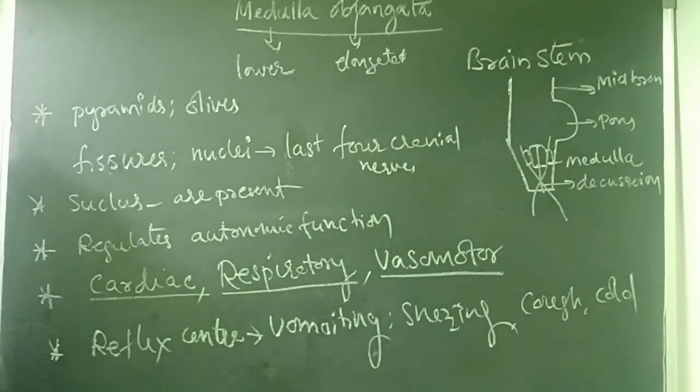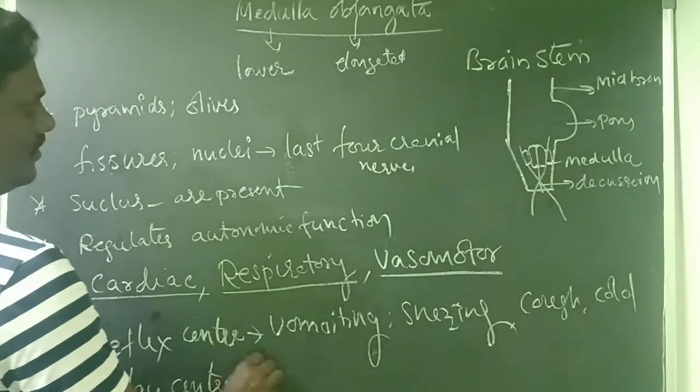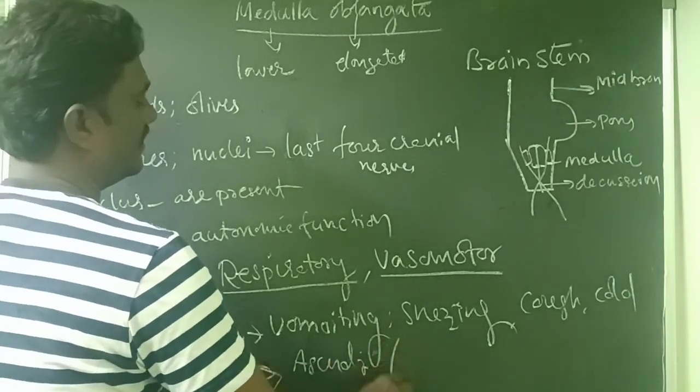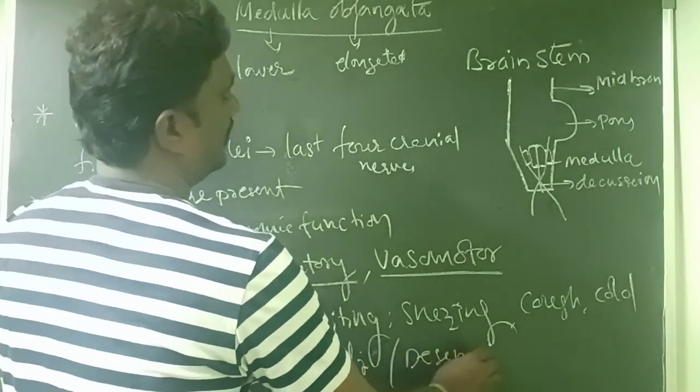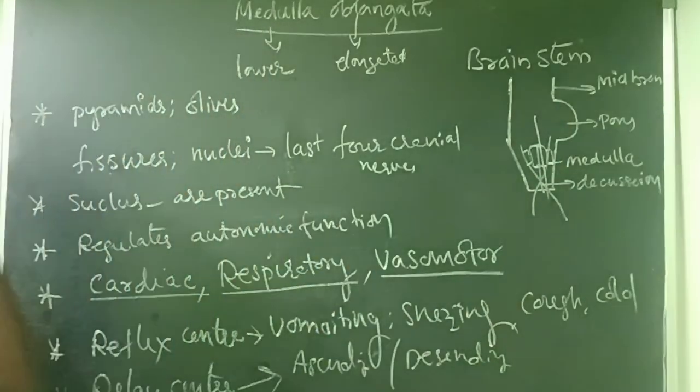Next one, this is a relay center of nerve fibers. Ascending tracts and descending tracts run through the medulla oblongata.